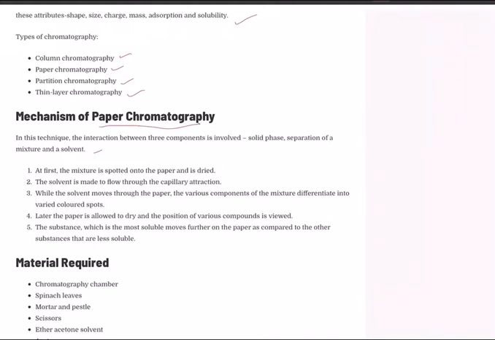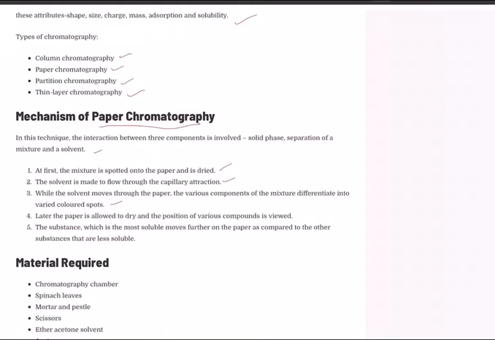In this technique, the interaction between 3 components is involved, that is the solid phase, the separation of a mixture and a solvent. At first, the mixture is spotted on the paper and dried. Second, the solvent is made to flow through capillary attraction.